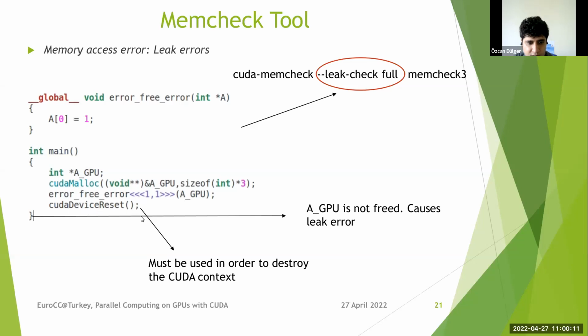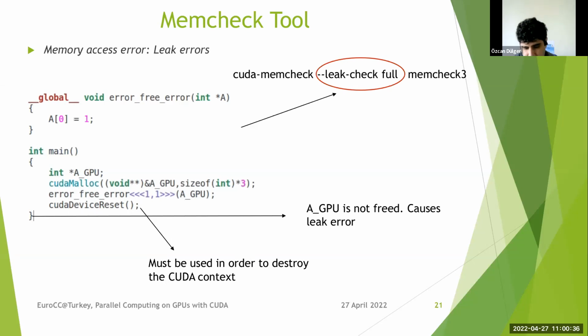This CUDA device reset function or API is used to destroy the CUDA context. When we call it, the CUDA context is destroyed. All of the pointers, all of the variables, etc. will be destroyed after calling CUDA device reset.